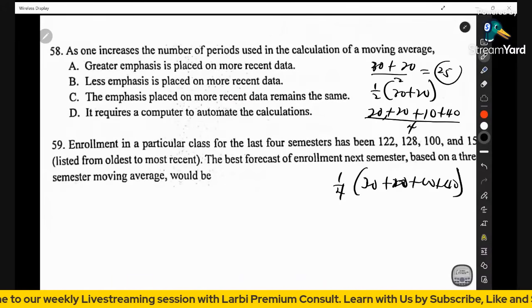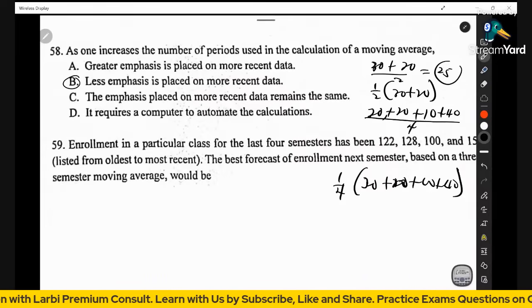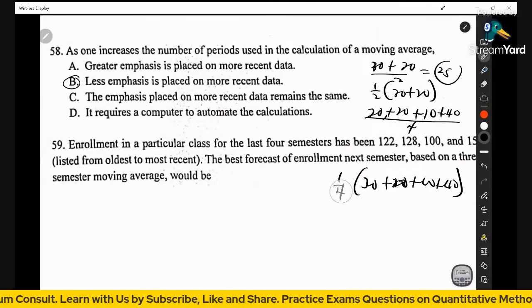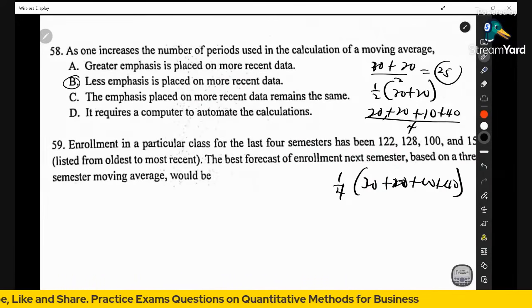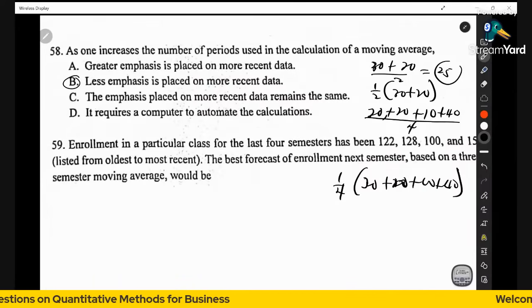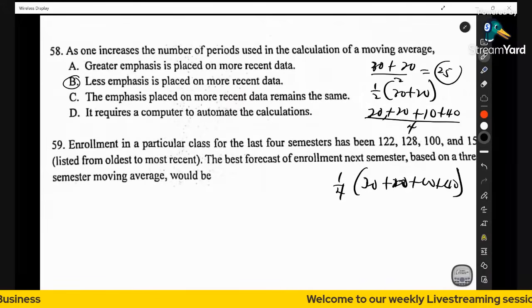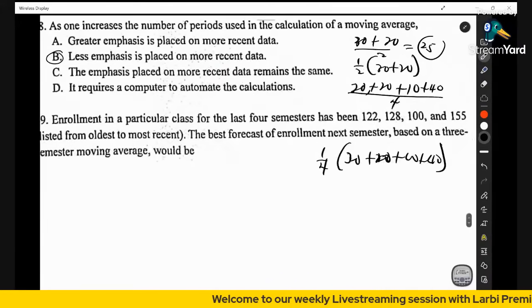We are talking about the weight. So it becomes B. You can see 1/2 is greater than 1/4. If we increase to 5, it will be 1/5, which is less than 1/4. So as you increase the number of periods, the weight placed on the recent data reduces.